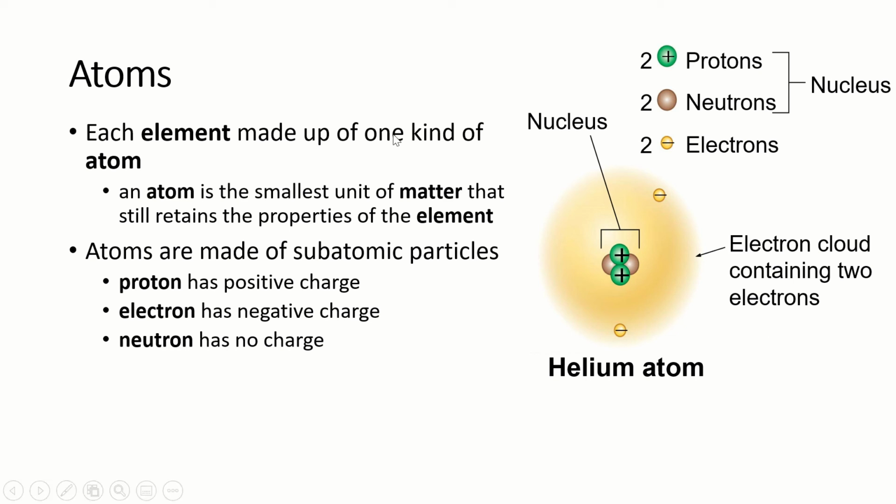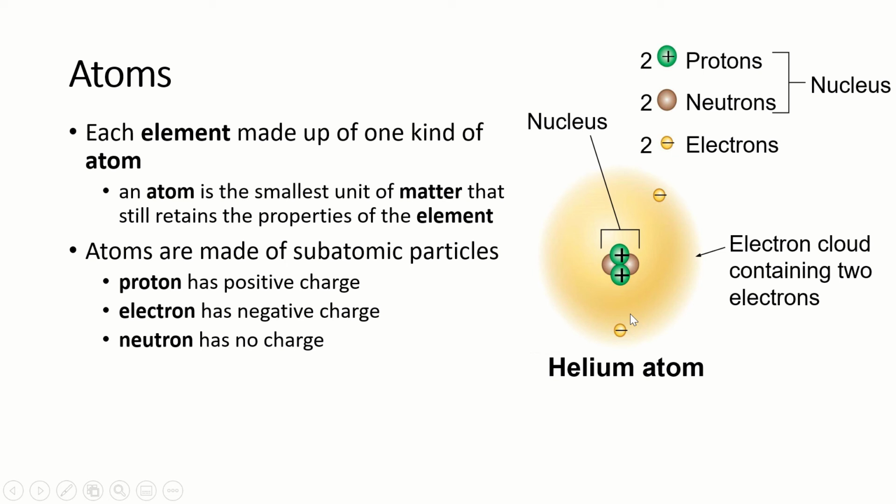All right, so each element is made up of the same kind of atom, and those atoms are the same in that they have the same number of subatomic particles. In the nucleus of the atom, there are protons, which have a positive charge, shown here in green. There are neutrons, which have no charge. And then buzzing around in a cloud around the nucleus are electrons, which have a negative charge.